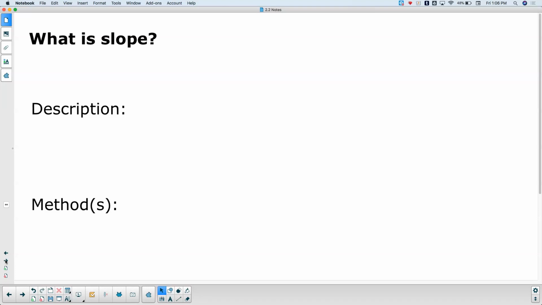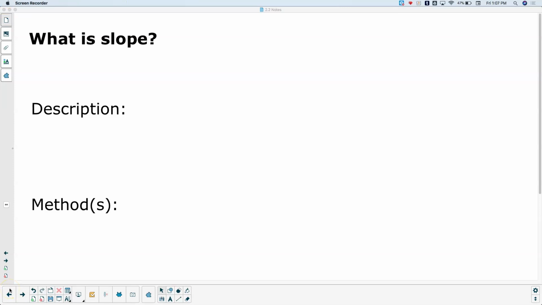And second, how you would go about finding the slope of a line. Not talking about graphing lines onto a graph like you did last night on the homework. Talking about just the actual slope of that line. Go for it.